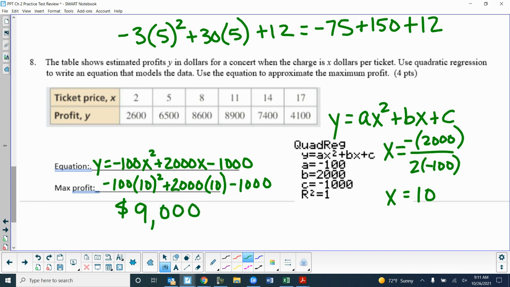That's the maximum profit. Well, actually, it was $10 a ticket, wasn't it? So the best amount to charge to get the maximum money will be $10.